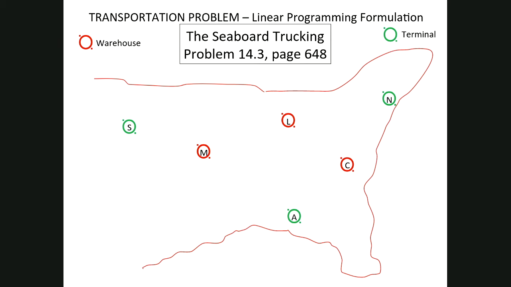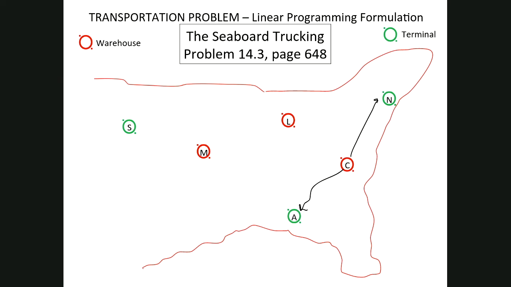And so what we've got is the opportunity from each one of these warehouses to possibly ship to each one of these locations. So from Charlotte, we can ship to Atlanta. We can ship from Charlotte to New York. We can ship from Charlotte to St. Louis.